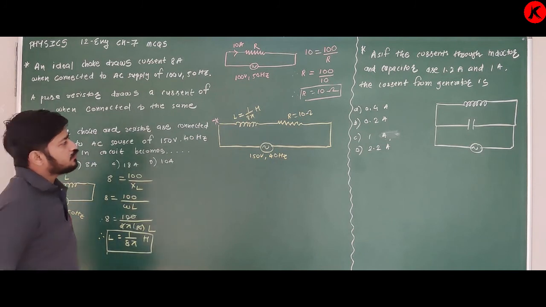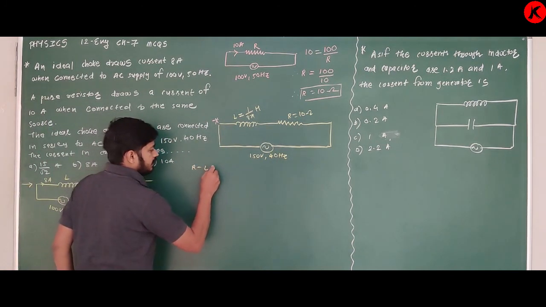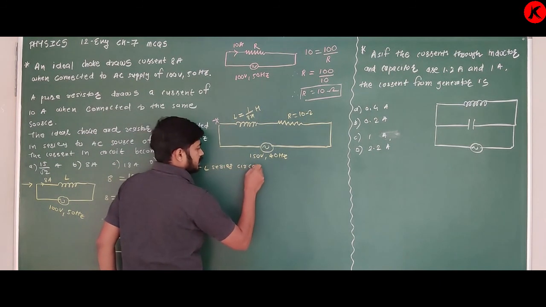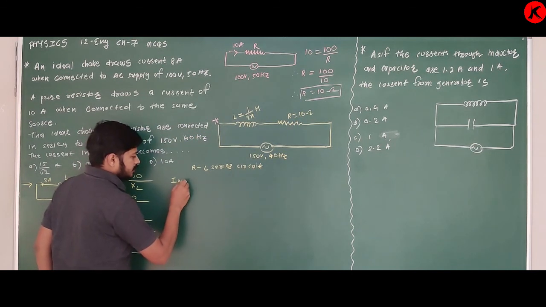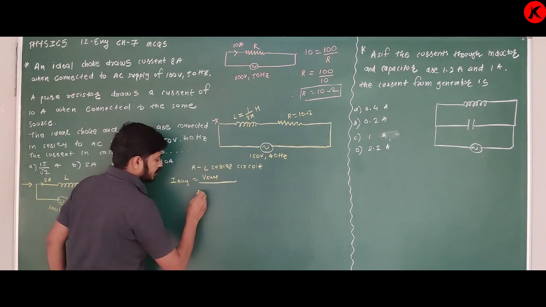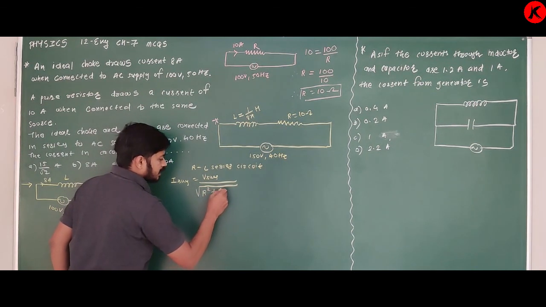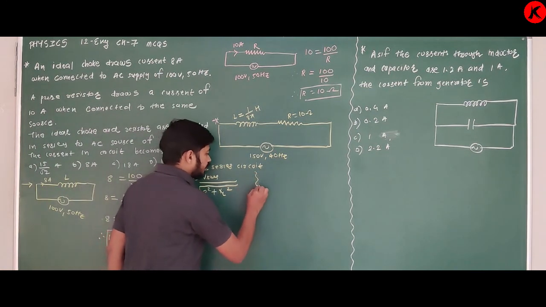First of all, as it is an LR circuit, it is an RL series circuit. So we know the equation of current: I RMS is equal to V RMS upon, as it is an RL circuit, under root R square plus XL square. But we do not know the value of XL.